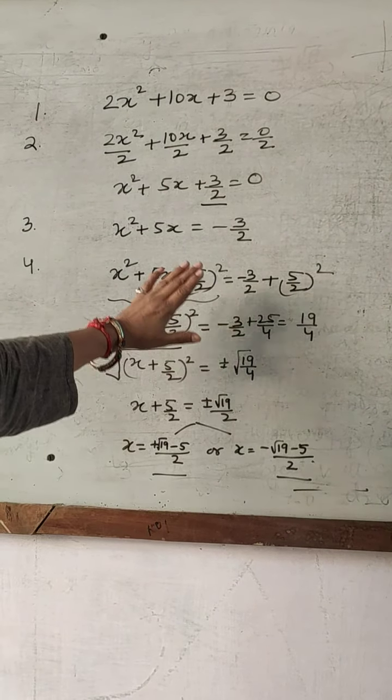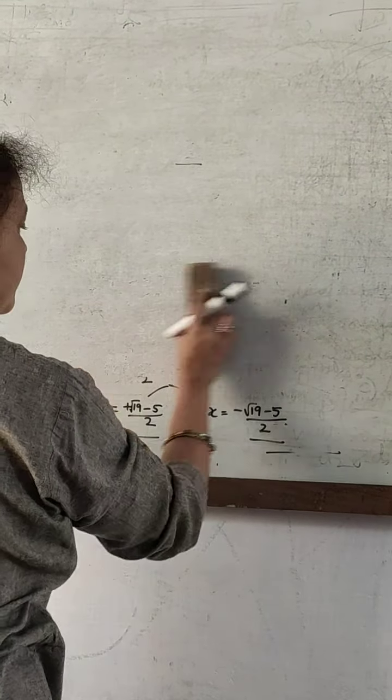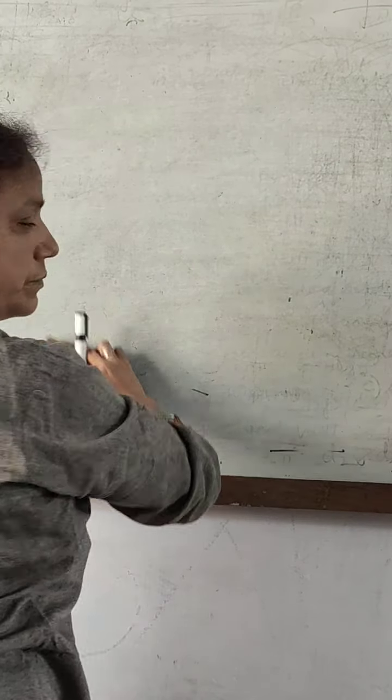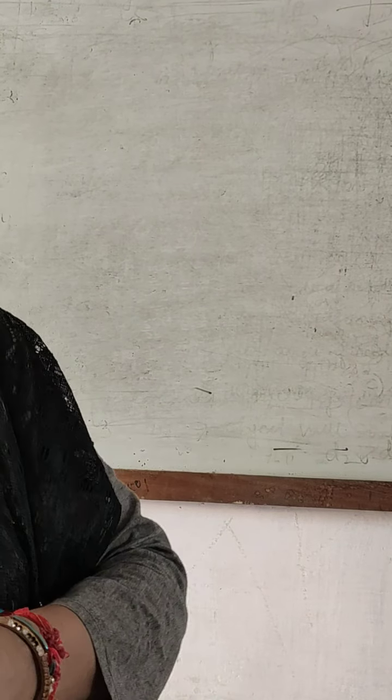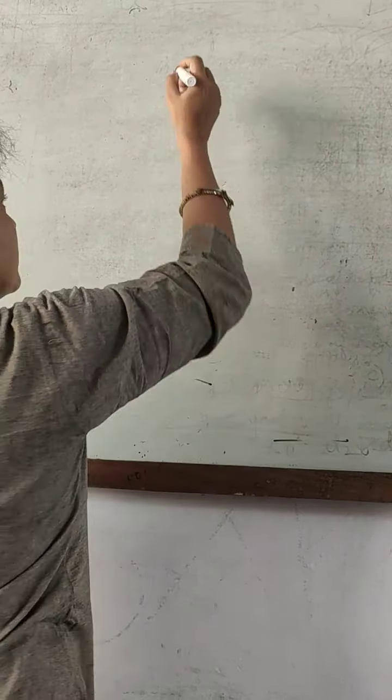Let's take one more example so that the method is more clear. Now the second question we are taking, the equation is 5x square minus 6x minus 2 equal to 0. The very first step, you can see the given equation is in the standard form, ax square plus bx plus c equal to 0.